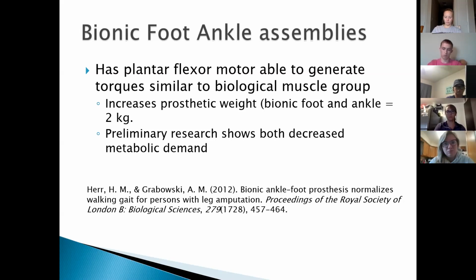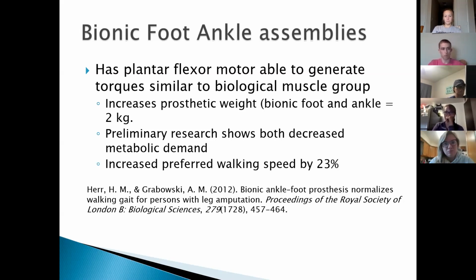And the research with small samples has shown that even though it's heavier, it actually improves the walking velocity and decreases the energy usage because of the extent to which the bionic ankle is actually generating some internal plantar flexion torque. Okay, and as you see, it actually increased the preferred walking speed very significantly.